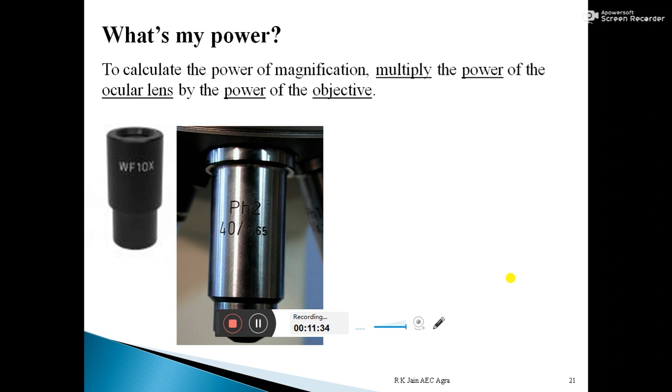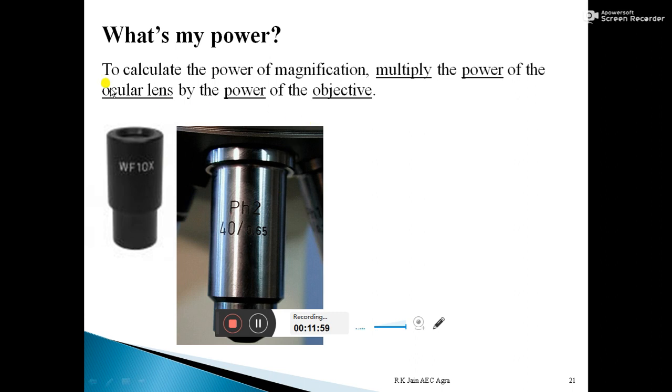If you want to know the magnification power of your microscope, just look at the magnification written on your eyepiece and the magnification written on your objective lens. By multiplying the magnification of the objective lens and the eyepiece, you can calculate the magnification power of the microscope being used.